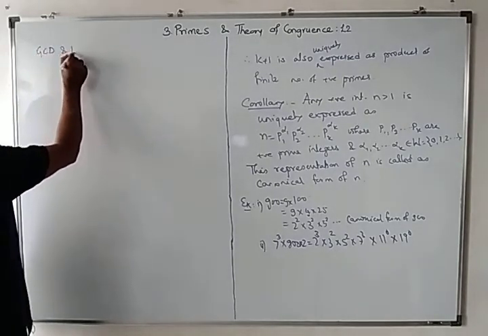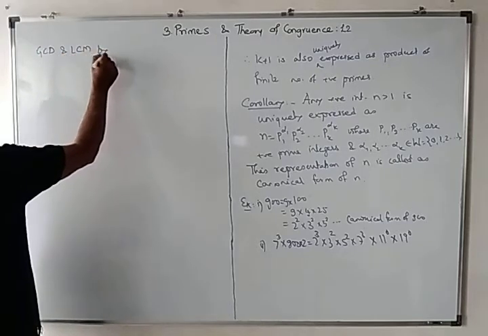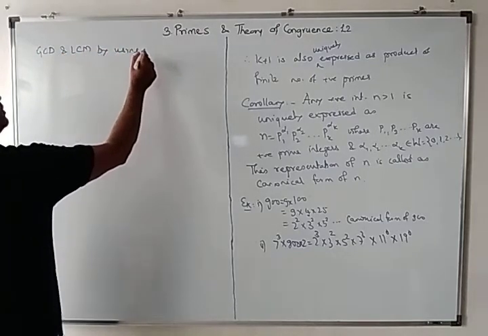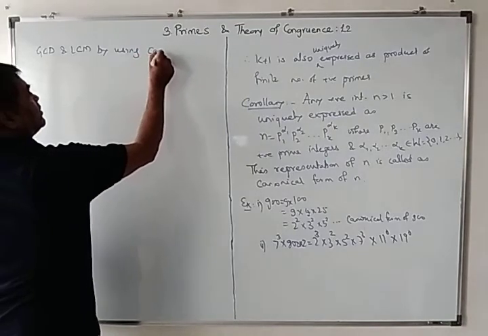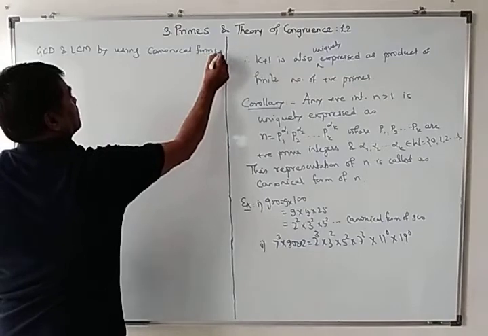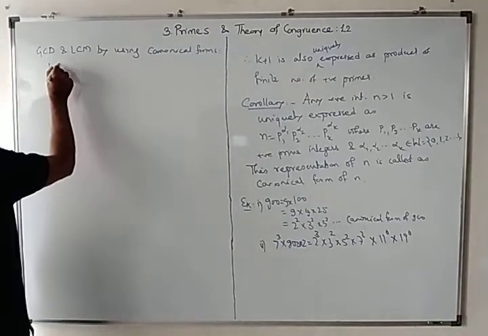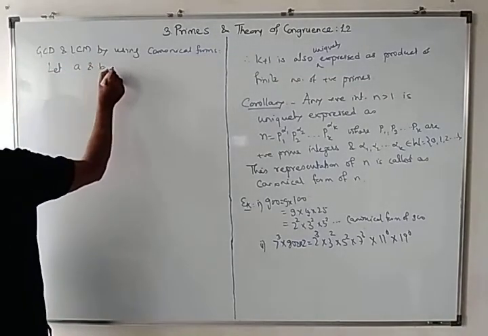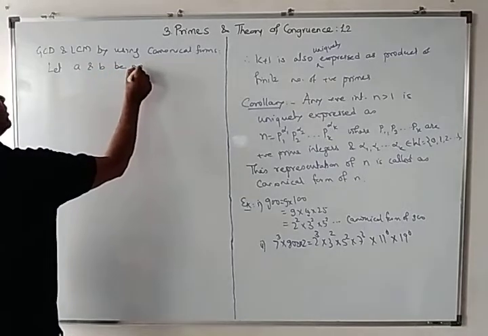GCD and LCM by using canonical forms. Let A and B be non-zero integers.